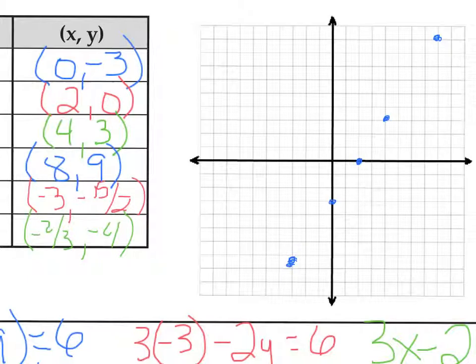And this last one, negative 2/3, negative 4. Okay, well, this is negative 1, and 2/3 is less than 1, so negative 2/3 is someplace in this fraction space between 0 and negative 1. And then we go down to negative 4. So it's going to be like right here. It does line up with the others. It's right in there somewhere.